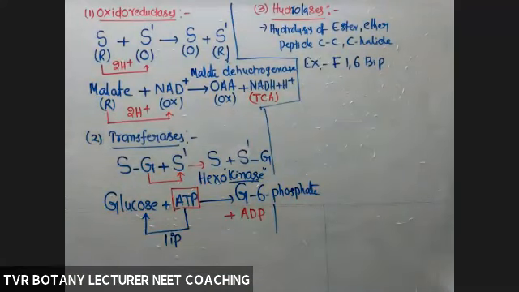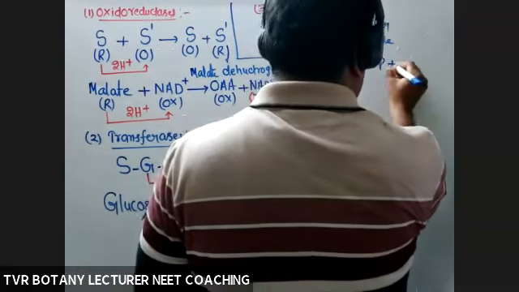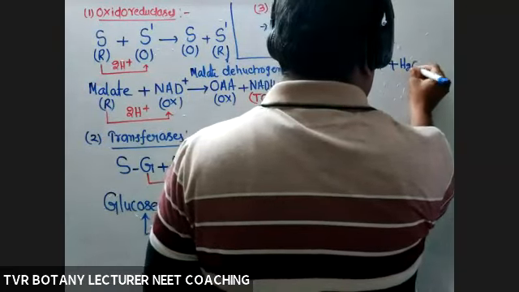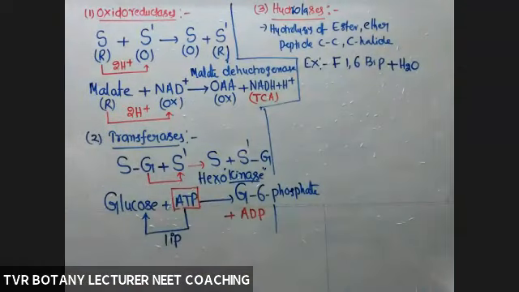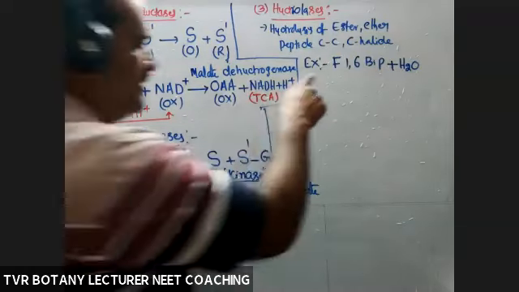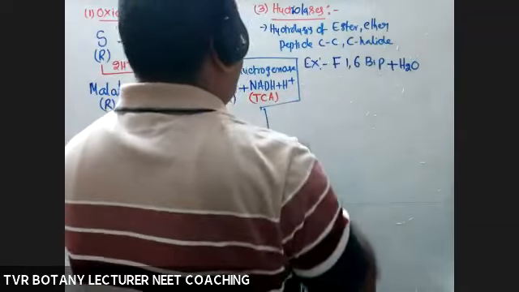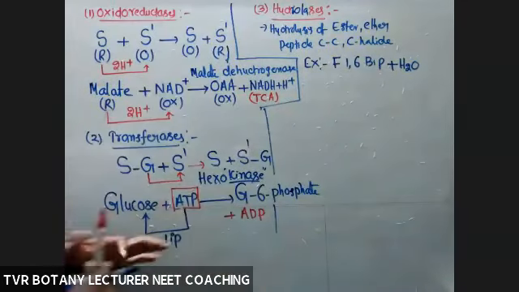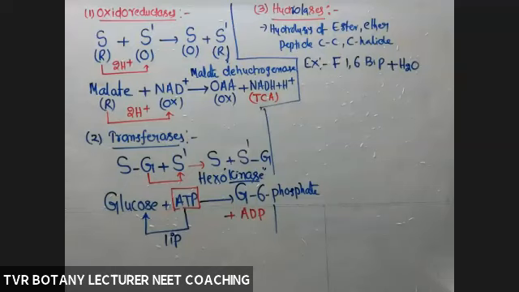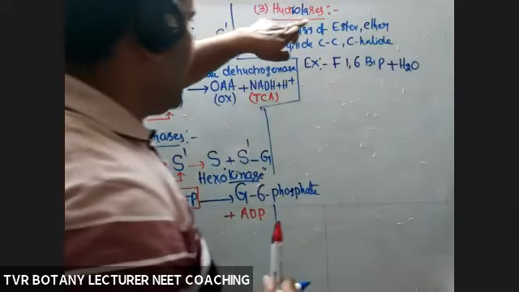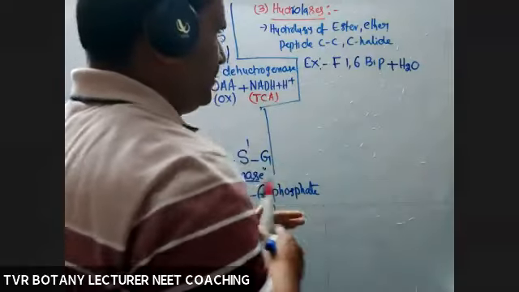So it is fructose 1,6 bisphosphate plus, in this case, addition of water. By adding water, they can break the bond. Actually, ester, ether, peptide bonds are formed by dehydration, and these enzymes are concerned with hydration, addition of water molecules.